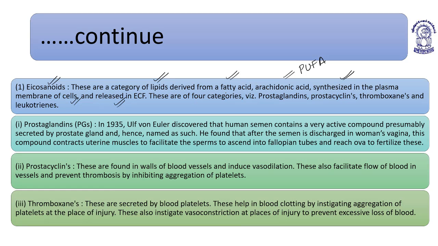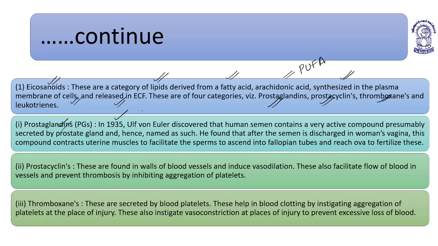They are of four categories: prostaglandins, prostacyclins, thromboxanes, and leukotrienes.